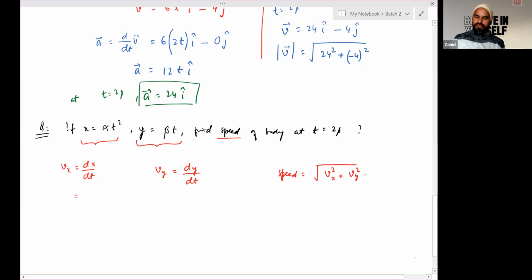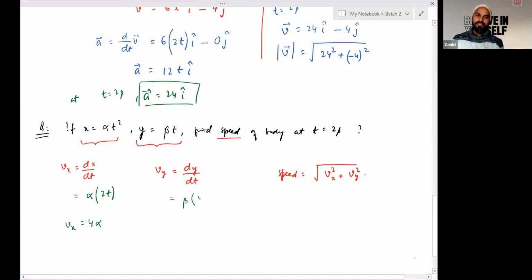If you differentiate the first part, alpha is constant, so take it outside. T square on differentiation will be 2t. So if you put the value of t to be 2 seconds, you will get 4 times alpha equals vx. Similarly for vy, beta is constant.